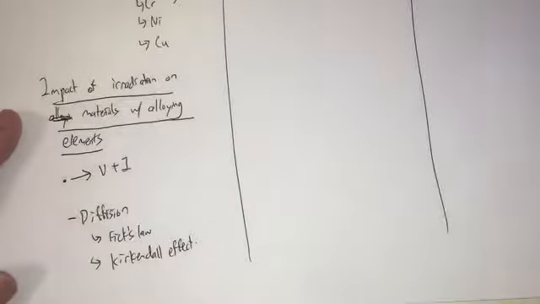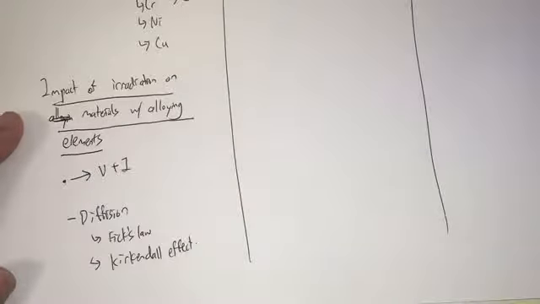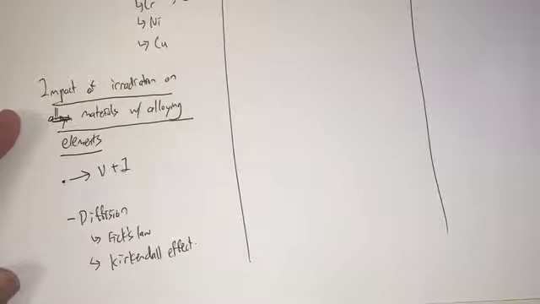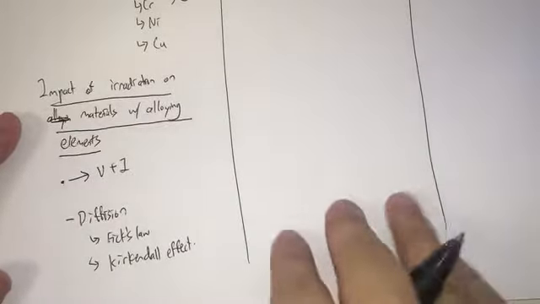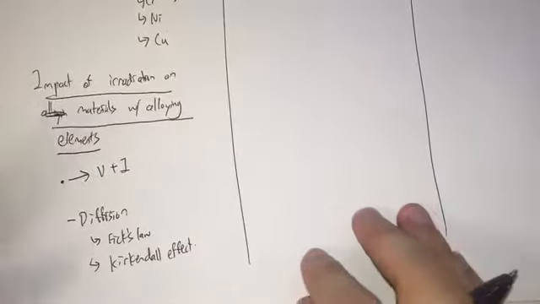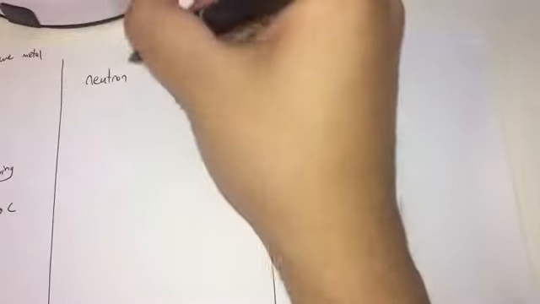So if you have not understood these, please pause the video and take a look at the link below. You'll probably want to explore some of these concepts. Now I assume you know this already. So let's begin by exploring neutron irradiation effects, because that's very prevalent in a nuclear reactor.